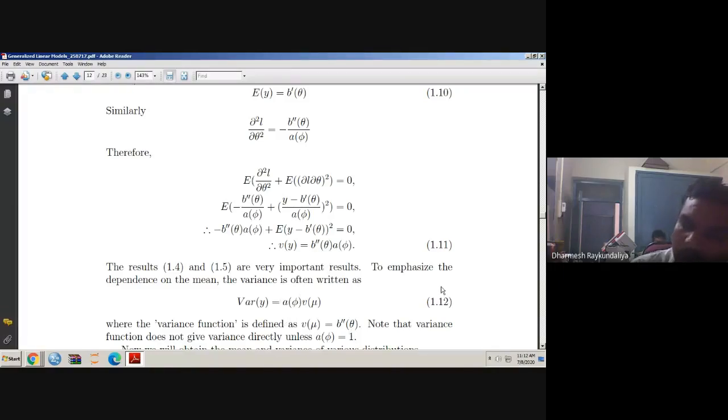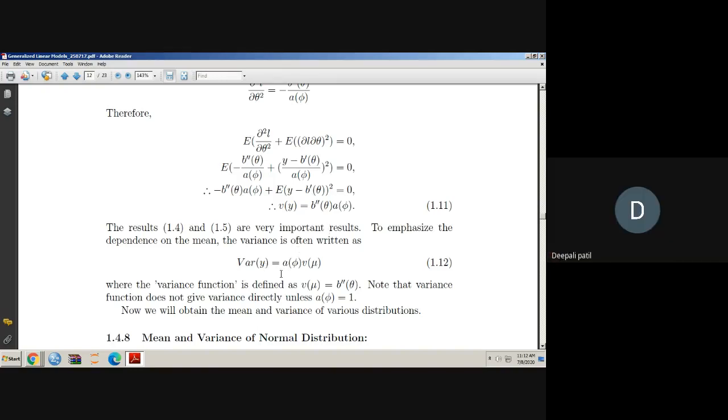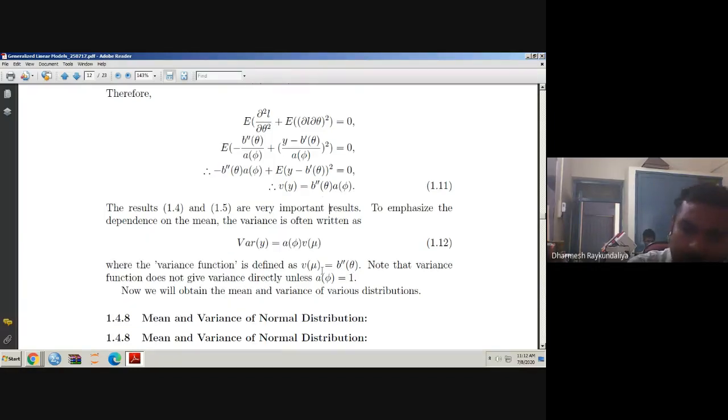So under which distribution is the variance function equal to the mean? When you talk about the Poisson distribution. This is a kind of small question we may ask in an MCQ. If it is asked what is the correct form, the variance function is given by b double dash theta, variance of y upon a phi, variance of y into a phi, and none of the above. The answer is b double dash theta and variance of y upon a phi, if multiple correct answers are there. Similarly, you have to calculate the mean and variance of a binomial distribution.